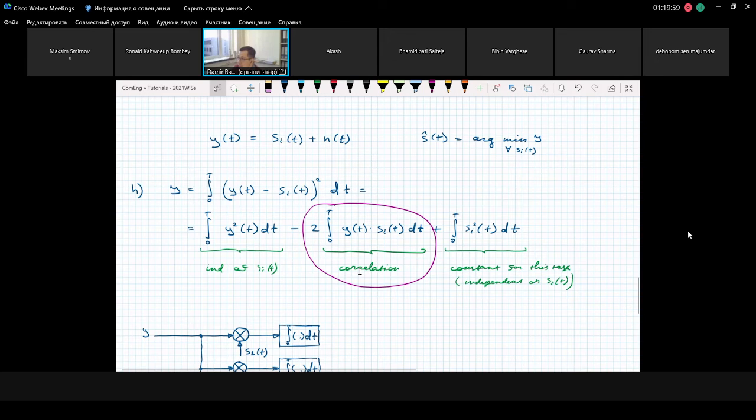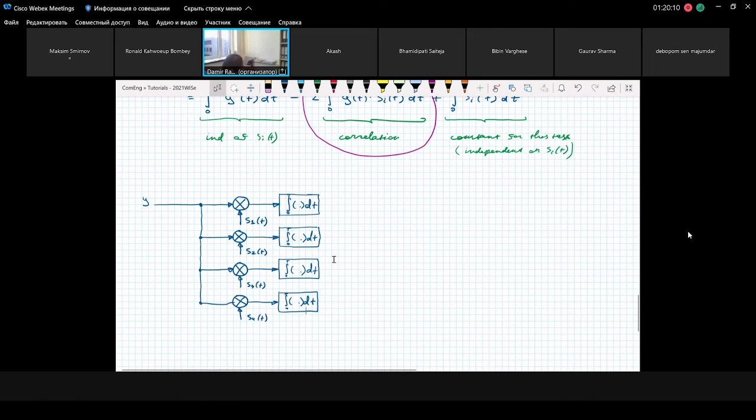So instead of minimizing the cost function itself, we try to find the branch which contains the maximum after the correlator. As a result, what we actually do is try to find the branch that contains the maximum output.